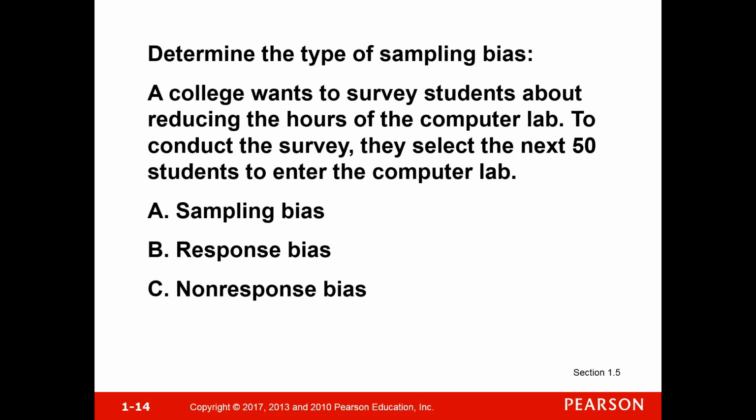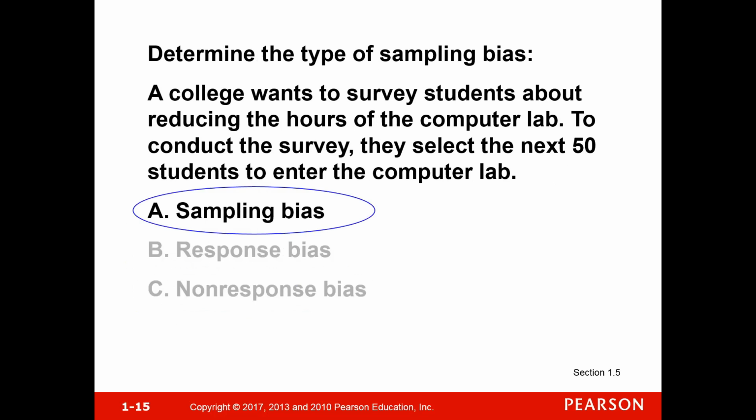Determine the type of sampling bias. A college wants to survey students about reducing the hours of the computer lab. To conduct the survey, they select the next 50 students to enter the computer lab. So this would look at sampling bias. This should show you a little bit more about that convenience sample.